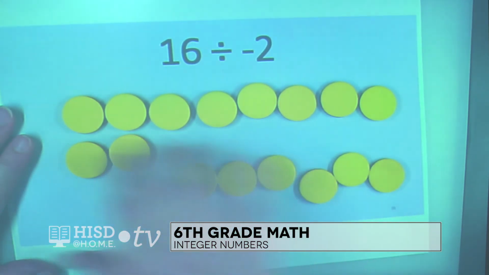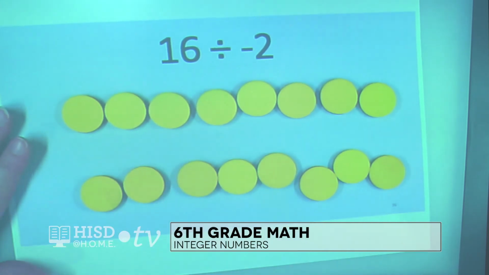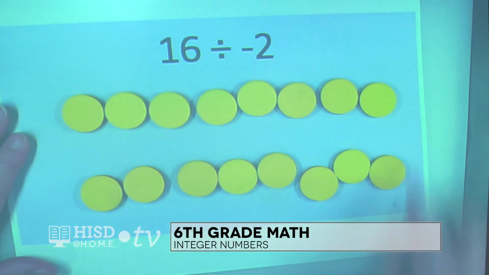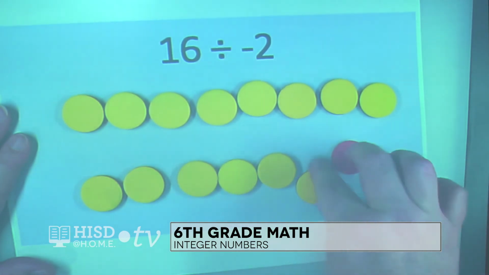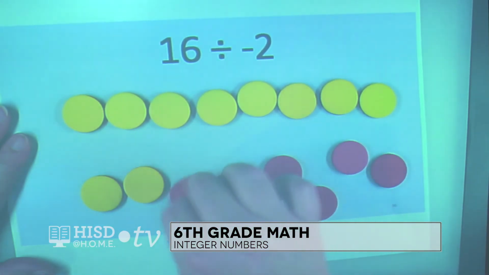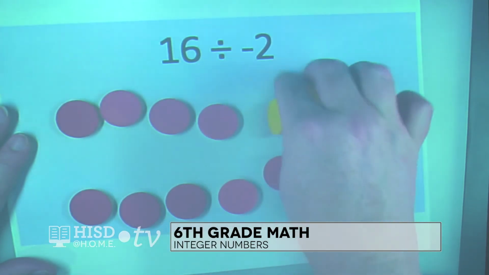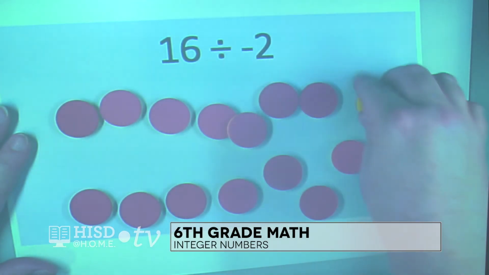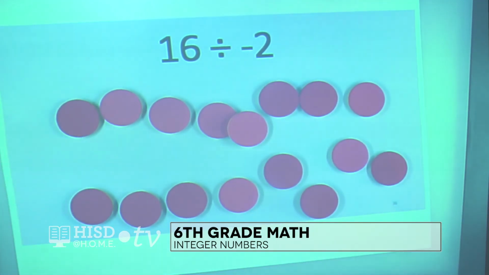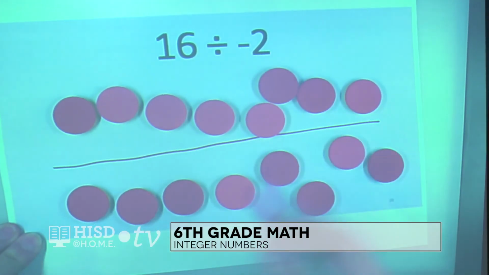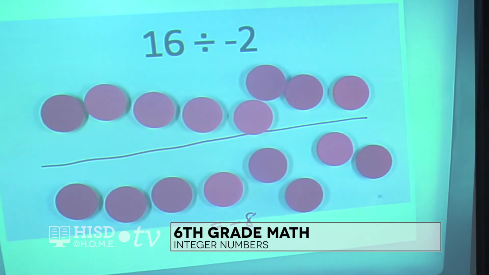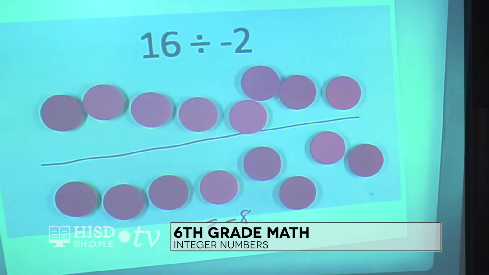That was easy, huh? So I divided it into 2 groups, and now let's apply the negative. So 16 divided by -2 gives me how much in each group, ladies and gentlemen? It gives me a -8. And that's what I found.